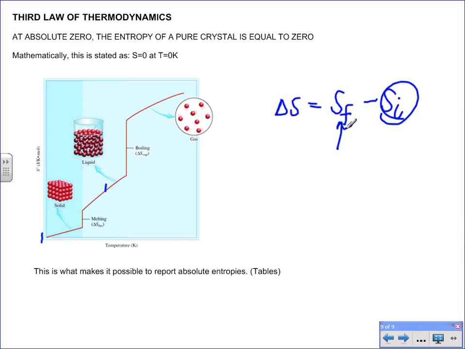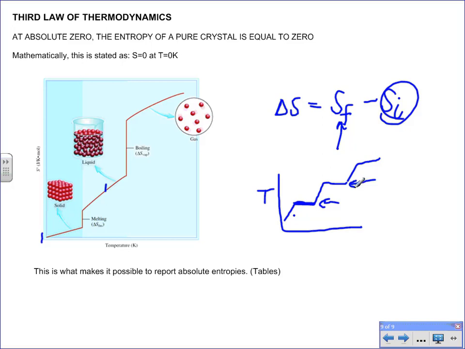So what we have here is a graph that's showing you the absolute entropies as a function of temperature. And this looks a little bit like when we look at a temperature with respect to time and we're doing a phase diagram. I just want to connect that for you. In a phase diagram, you've got a solid that's being heated, and then at the flat points, this is where your phase changes are occurring.